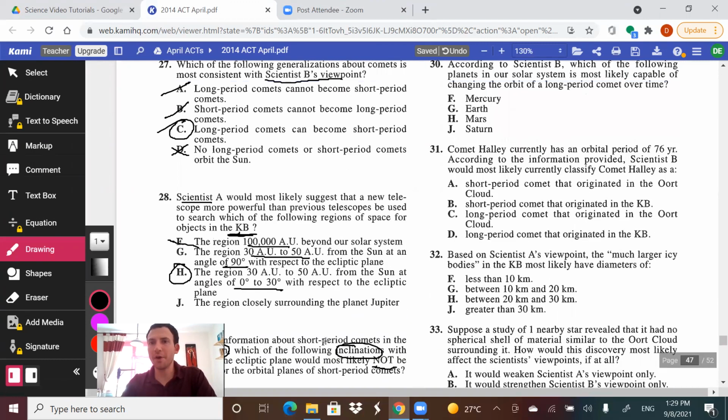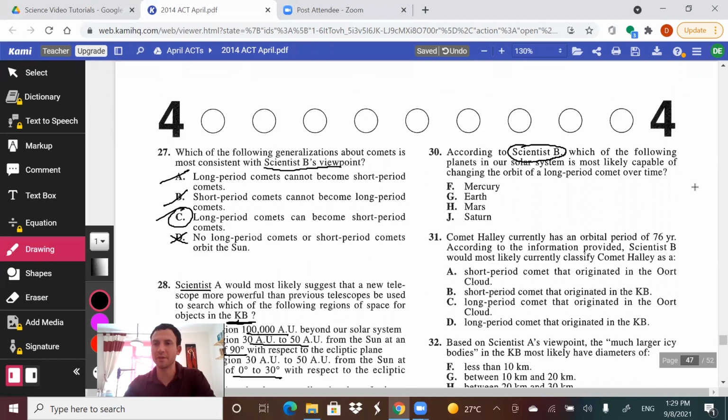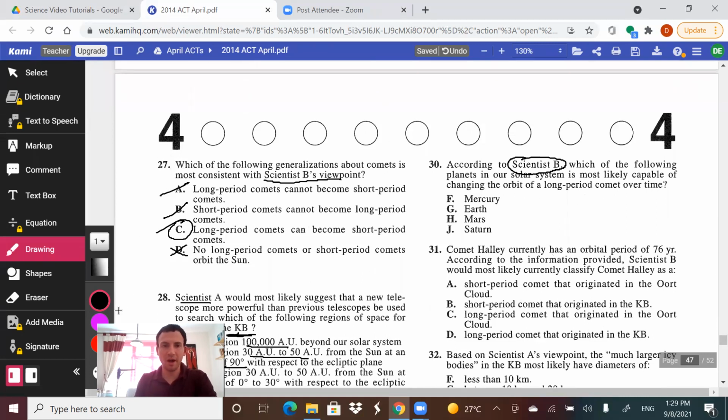Okay, 30. According to scientist B, which of the following planets in our solar system is most likely capable of changing the orbit of a long period comet? So if you remember, scientist B said that long period comets become short period comets when they fall within the gravitational pull of a large planet in our outer solar system.